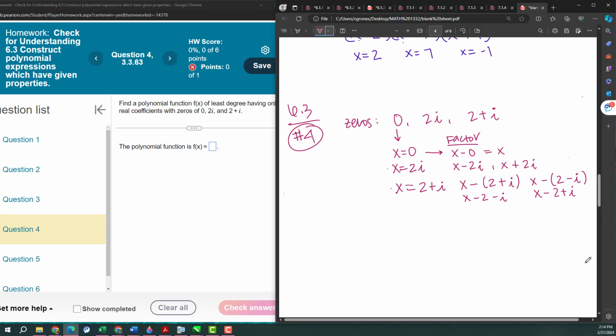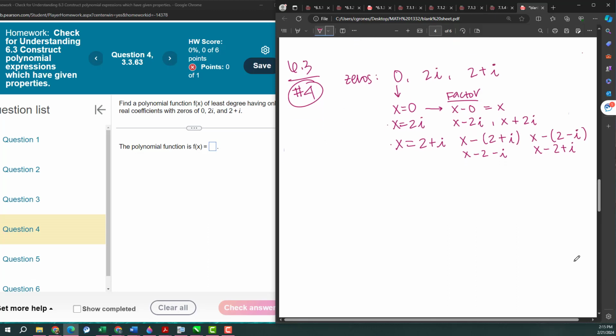So these are what we are going to be multiplying. We're going to multiply all of these factors together to figure out what our polynomial function is. So I have x, and then x minus 2i times x plus 2i, and then x minus 2 minus i, x minus 2 plus i.